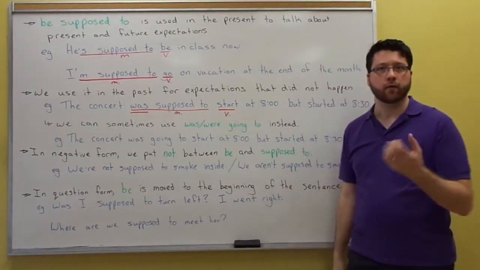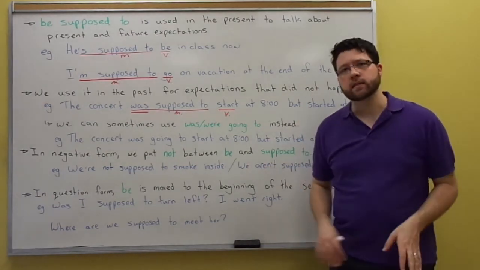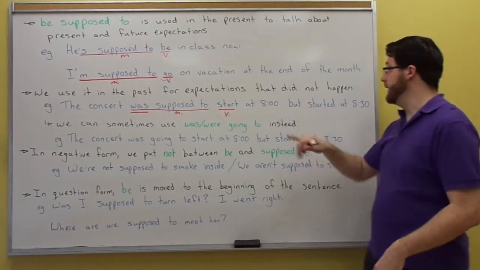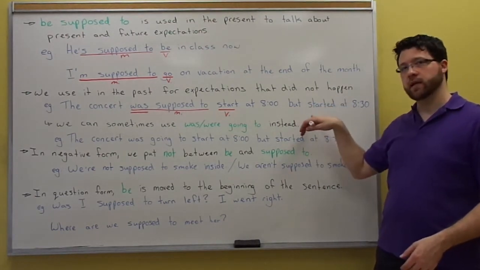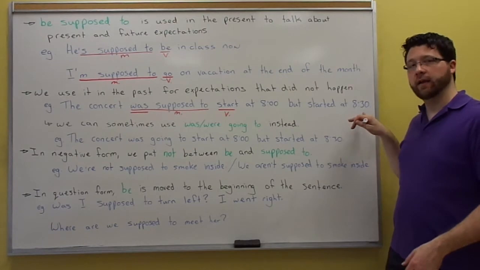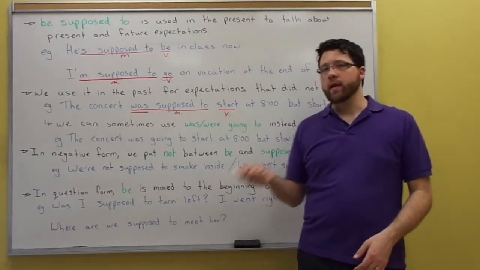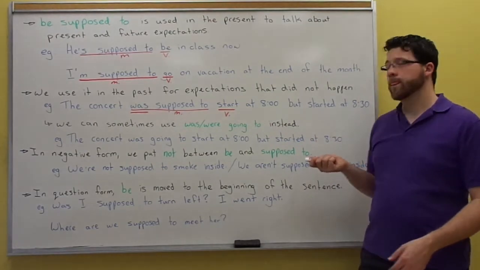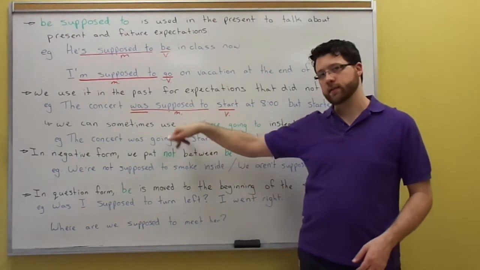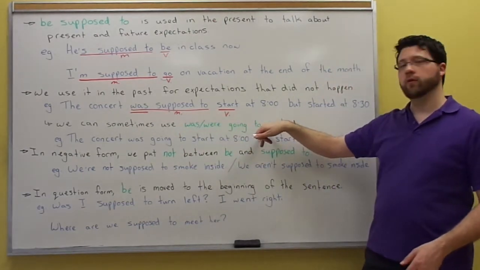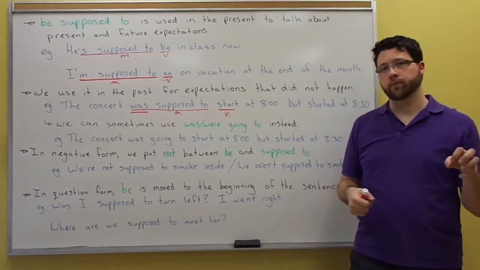Probably a plan or an arrangement, right? A schedule. But it didn't. Something happened, and it was late. But started, now we're just using the simple past form, but started at 8:30. When we're speaking, we can sometimes use was or were going to, instead of this be supposed to.